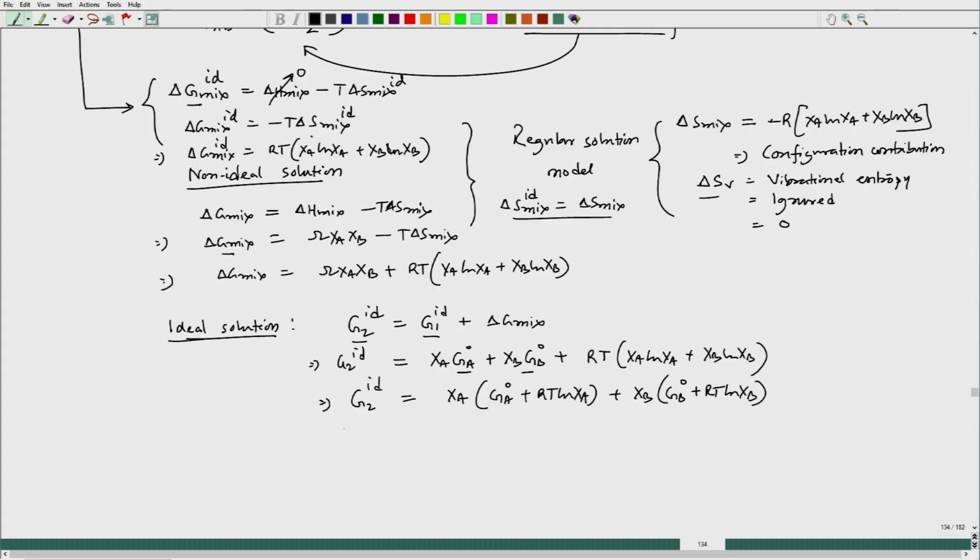Now we can write this as G2 ideal equals XA GA bar plus XB GB bar. So this GA bar and GB bar are basically the partial molar free energies of A and B in the solution. Okay, so these are partial quantities.